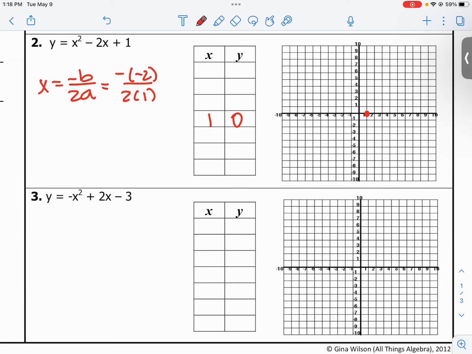Okay. Now, when they plugged in 0 and 2, we got 1. Okay. When we plug in -1 and 3, we would get 4.